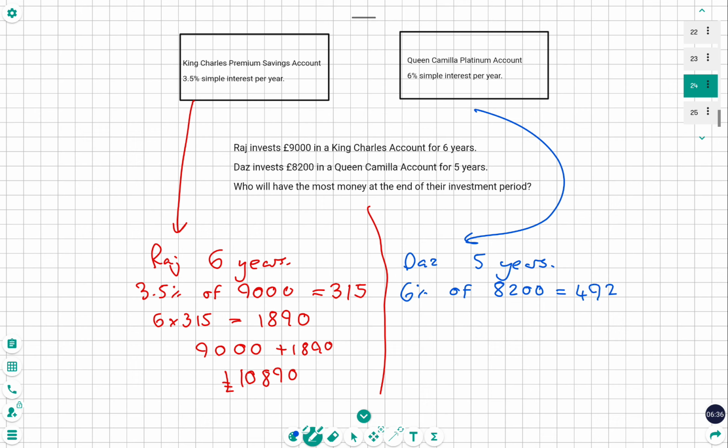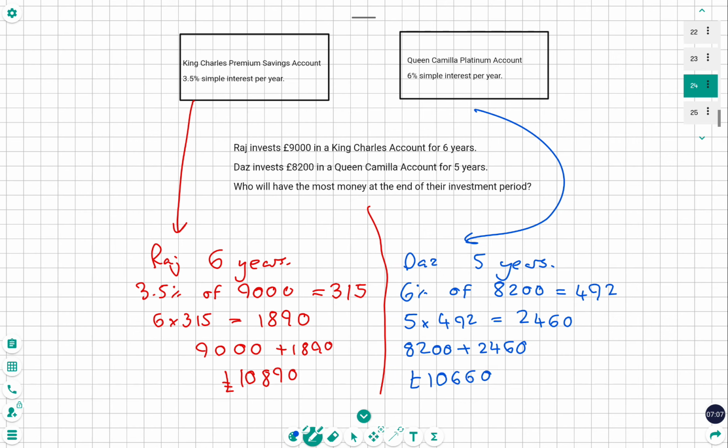And then how many years was that for? That was for 5 years. So we multiply that by 5, which gives us £2,460. And then I add that back onto Daz's original amount, which is 8,200 plus 2,460, and that gives me a grand total for Daz of £10,660.